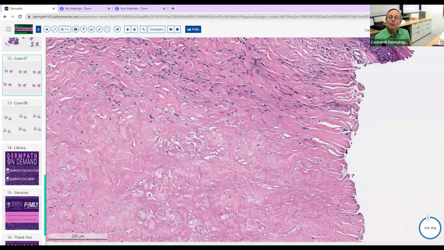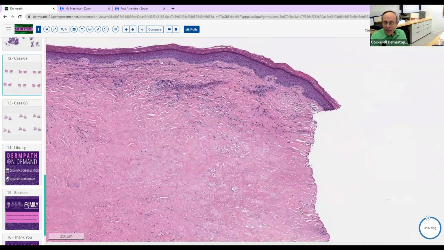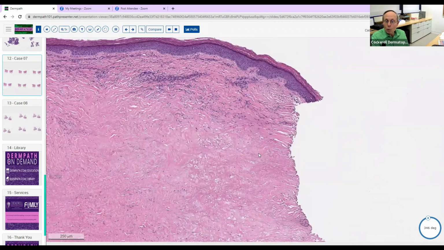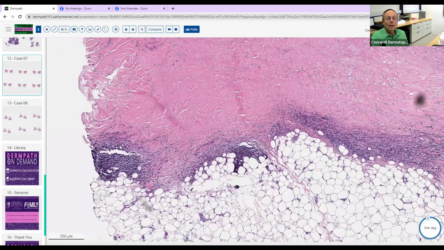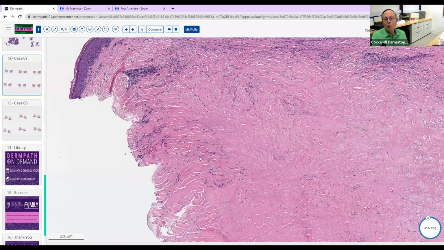So what condition do you know that gives you palisaded granulomatous dermatitis, histiocytes between and among collagen bundles like this, plus sclerotic collagen in multiple different, quote, layers, if you will? Here's one there, and this one. Then I've got the plasma cells here at the bottom of the sclerotic collagen that goes along with this. What disease do you know gives you palisaded granulomatous dermatitis with degenerated collagen and sclerotic collagen in the center of the palisade?